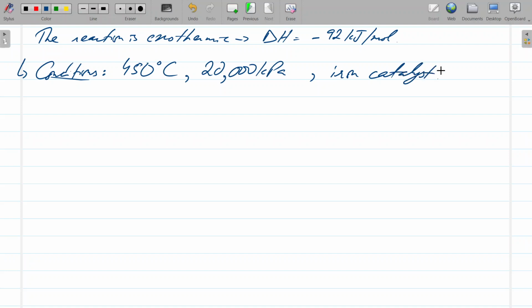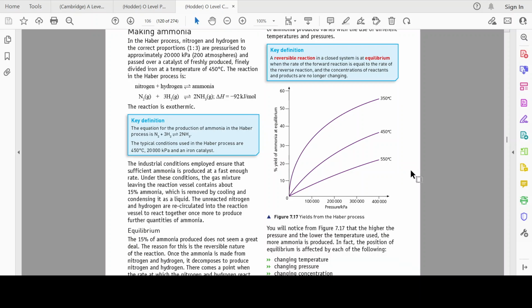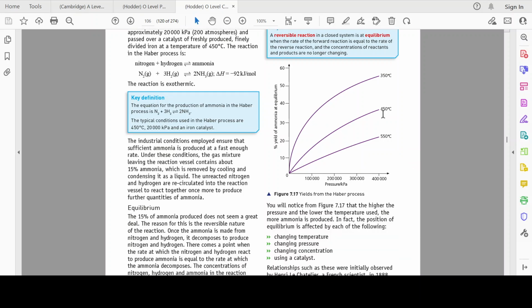Now, if you take a look at the book, I will put that on screen. Just give me a sec. Can you see that? Yes. So what they're showing over here is that 450 degrees is not the best temperature.